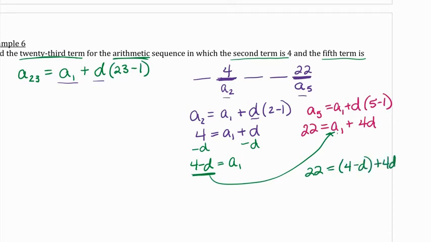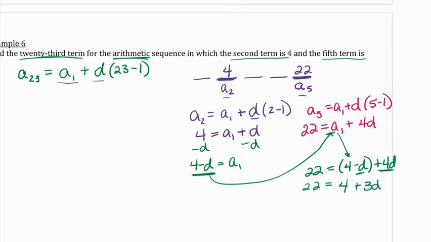All I did was replace the A1 with 4 minus D. Now only D is in that equation, so I can solve it. The negative D and the positive 4D make 4 plus 3D.